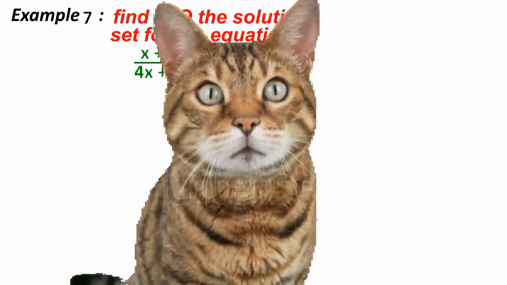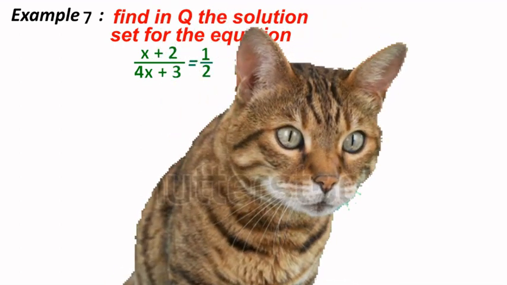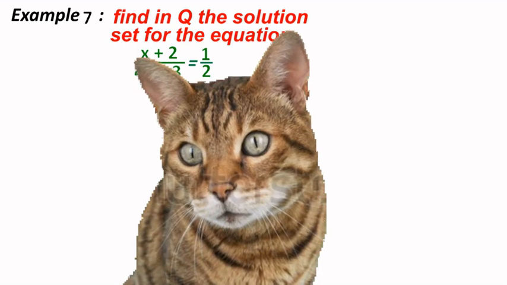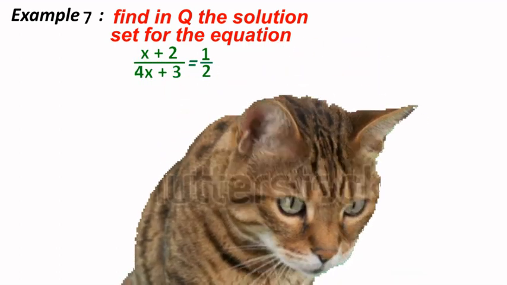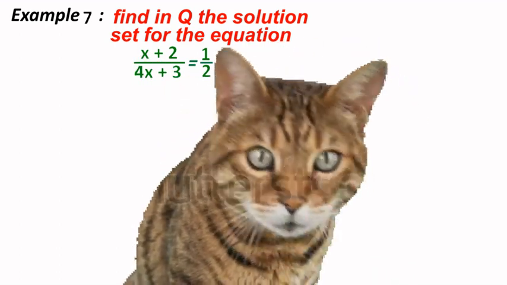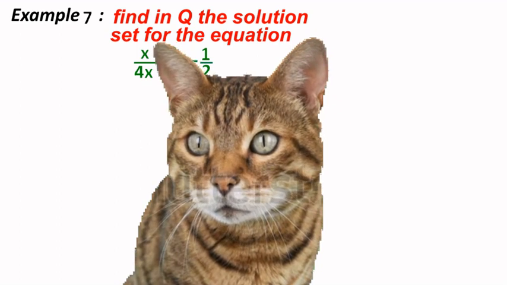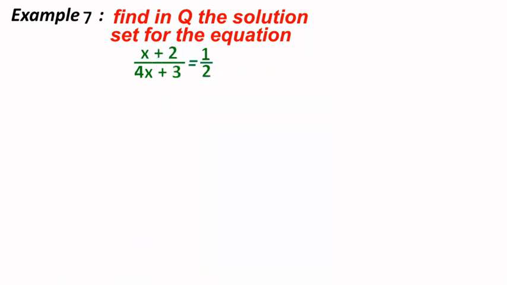Example number 7. Find in Q the solution set for the equation x plus 2 over 4x plus 3 equals 1 over 2. And this example is for excellent pupils. As you see, as in the previous example, the left hand side is a fraction and the right hand side is a fraction.